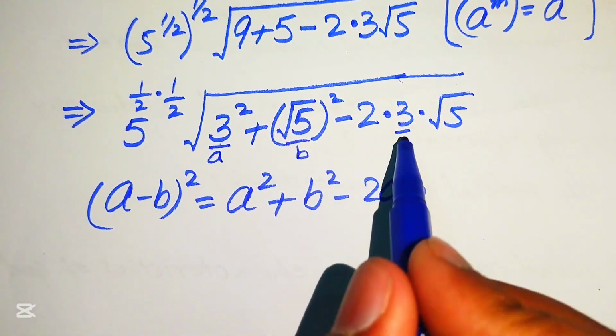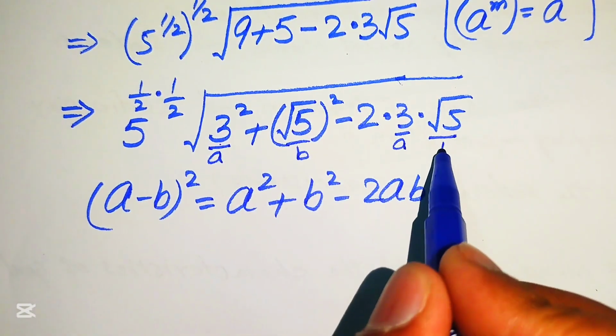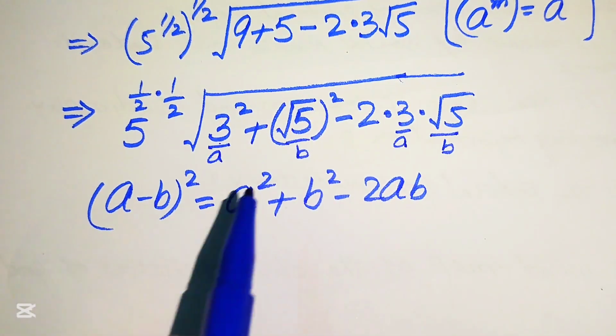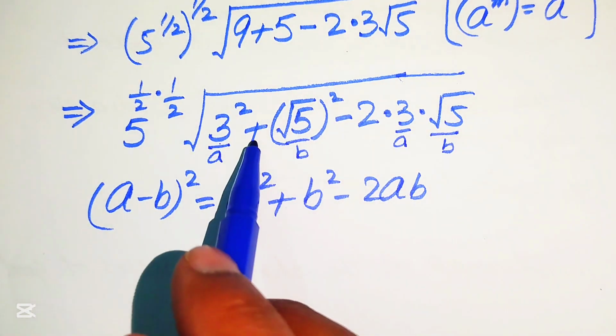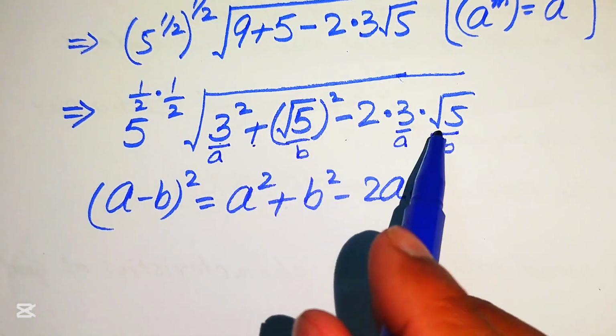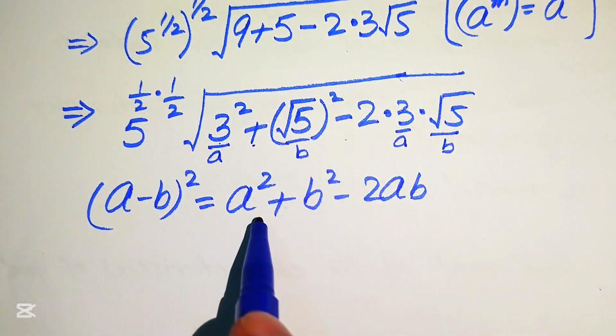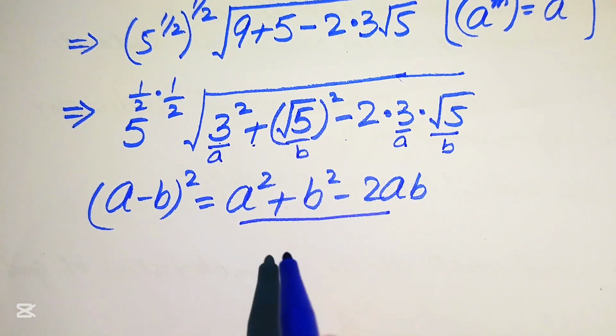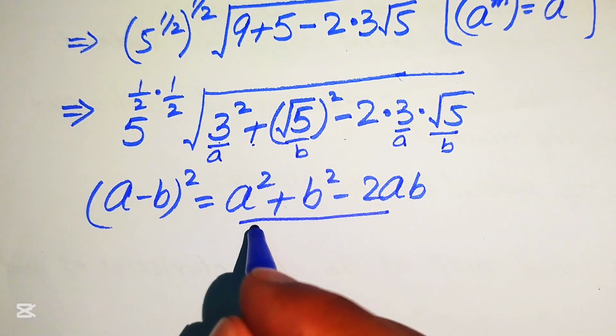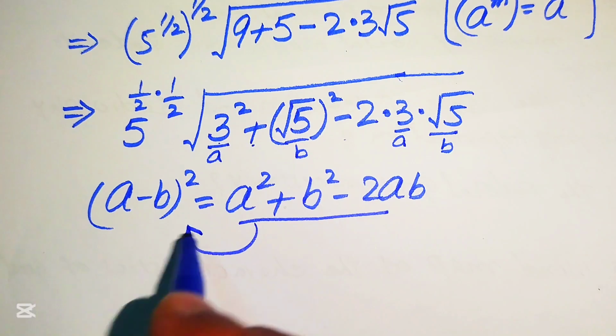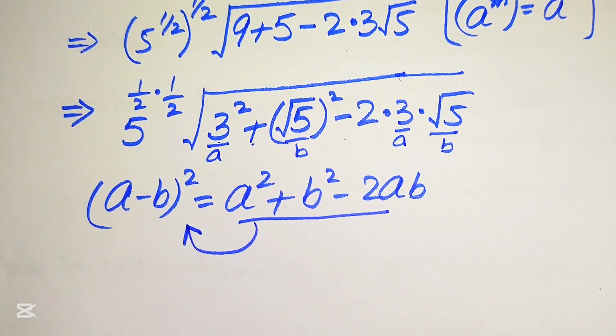This is minus 2 times, again, a is 3 and b is the square root of 5. So this is a squared plus b squared minus 2ab, and now we need to convert this form to the completing square form.